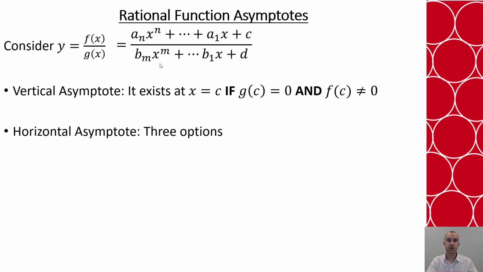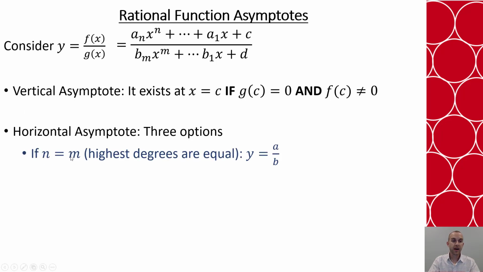Where's my highest degree? And if things aren't expanded fully, I need to expand the expression so that I understand where my highest degree is. If my highest degrees are equal, say like this is 2 and this is 2, then I look at their coefficients, and that will tell me where the horizontal asymptote is. And it's the numerator's coefficient divided by the denominator's coefficient.